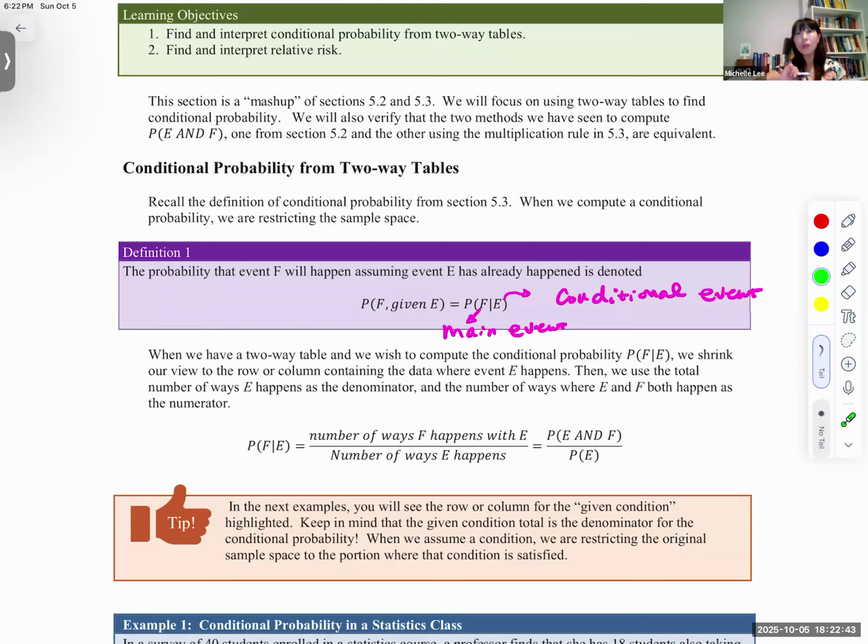Then the formula I introduced in the last section. What's the formula for this one?